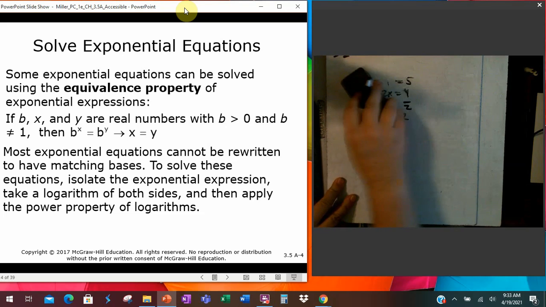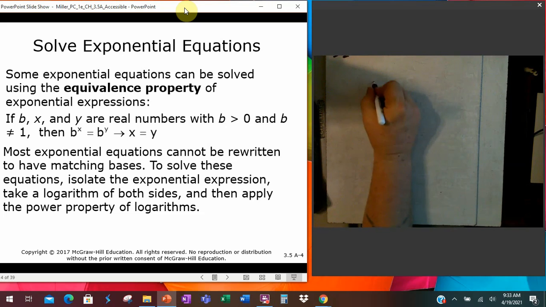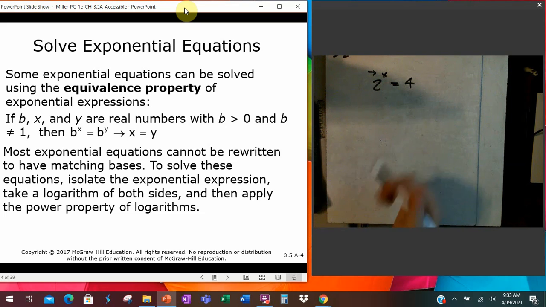But now the variable is in the exponent, and I want to know when 2 to the x is equal to 4. Well, this is just 2 squared, right? So x is equal to 2.